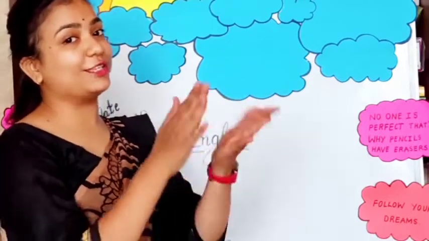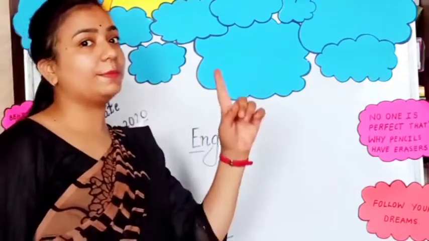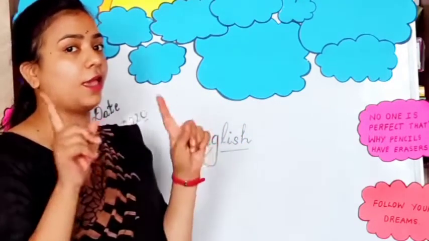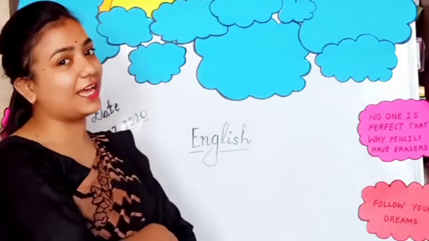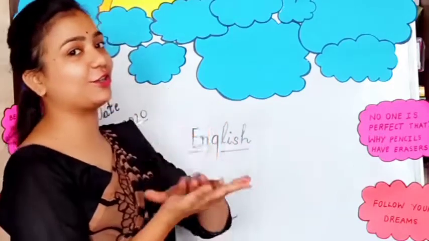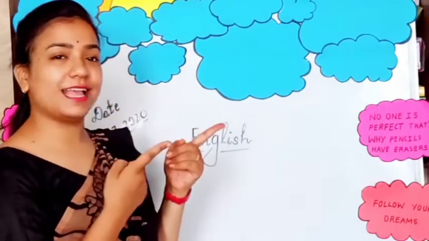Hot cross buns, 1 a penny, 2 a penny, hot cross buns. If you have no daughters, give them to your son. 1 a penny, 2 a penny, hot cross buns. Okay, so now enjoy the slide.